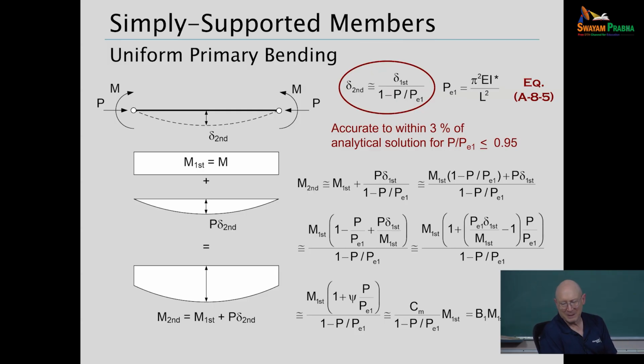If we have a first order analysis, we amplify the moments by B1 to get our estimate of the second order moments. Now, everywhere you see a red equation out here to the right, that's basically referencing the AISC standard, in this case Appendix 8 of the AISC standard. That's where that equation is coming from.